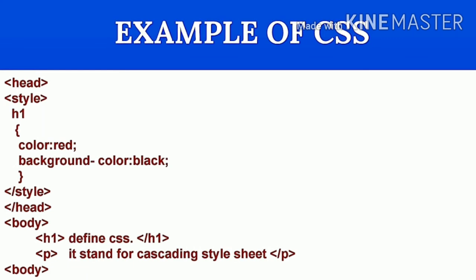When I apply these properties and values to the h1 tag, the defined CSS changes the color into red and the background color becomes black. So by using these types, you can use the syntax of CSS and create changes in the web page. This is the overall example of CSS in the HTML page.